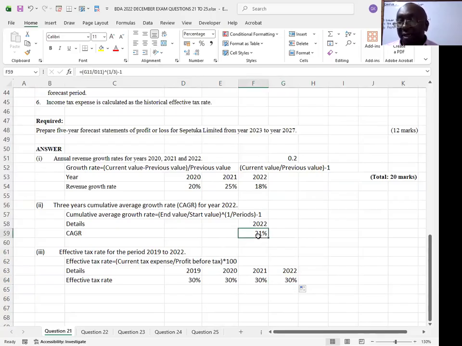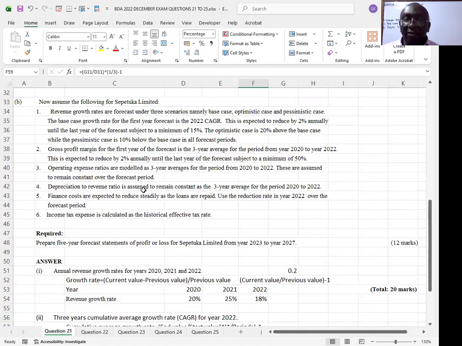So you don't have to keep on writing the formula. But for me, because I'm teaching, that's why I'm writing, so that when you are revising, you are able to clearly remember. But in the exam, you don't take time and energy to write the formulas. Just go straight, and that will be sufficient.